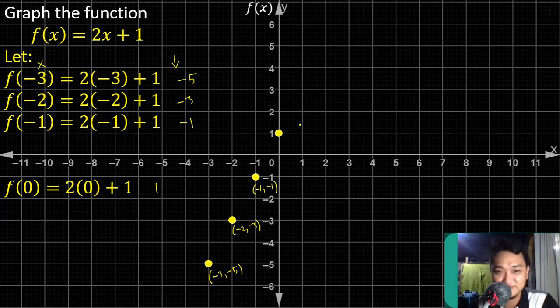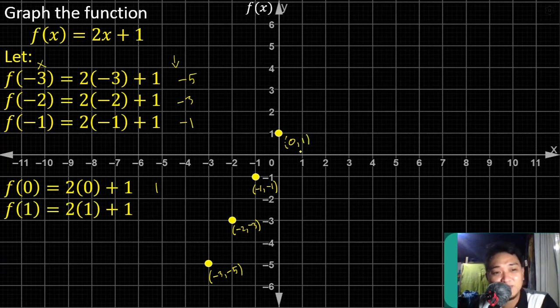Ayan. So siya nga yung ating y-intercept, where the line passes through the y-axis. So the coordinate of this point is 0 and 1.